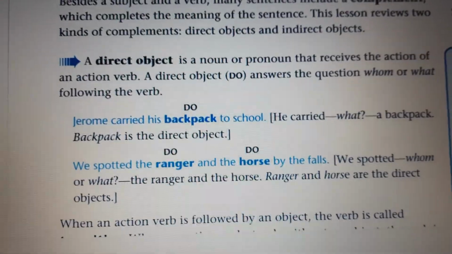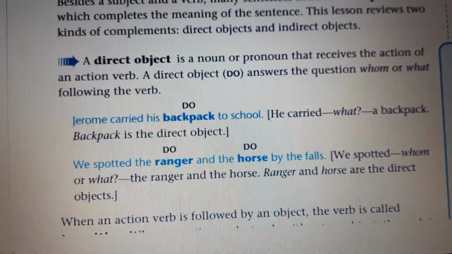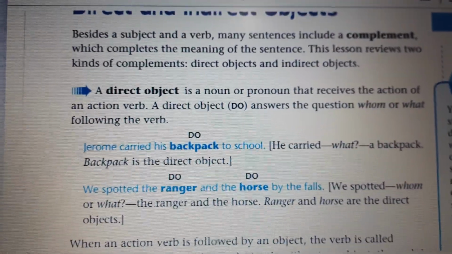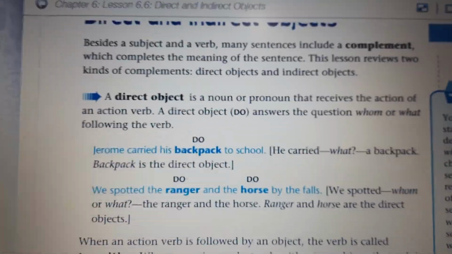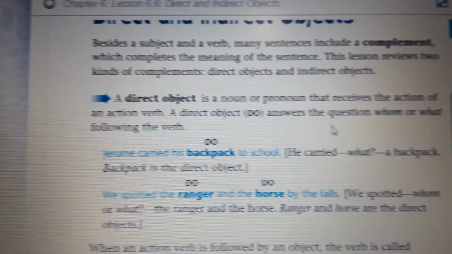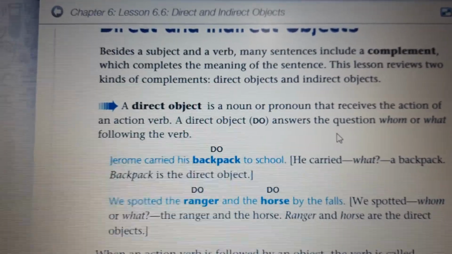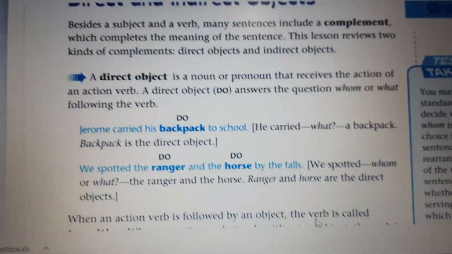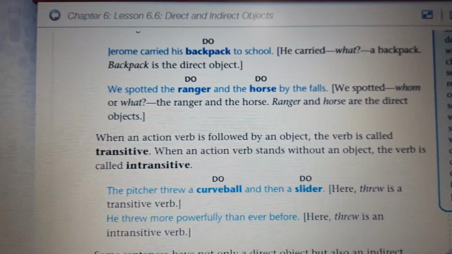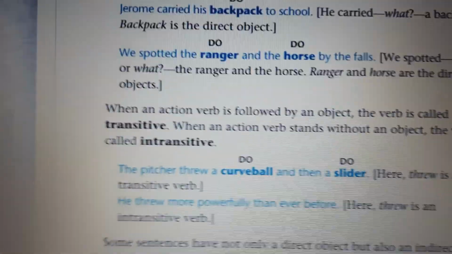So here the ranger and the horse are direct objects, right? So just use a question, whom or what, and the answer is going to be a direct object.